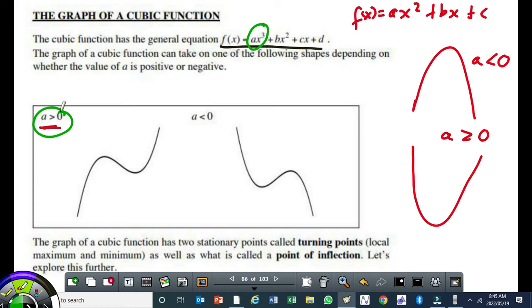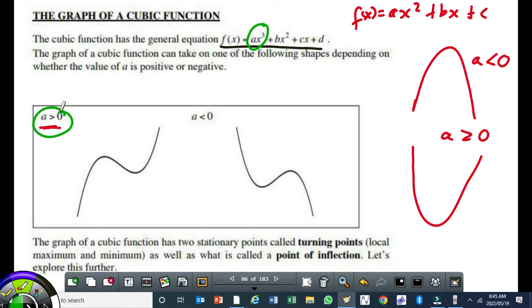For the quadratic, if a is negative, you are going to have a maximum turning point, but for the cubic, you will start with a minimum turning point. So it's the opposite of the quadratic, in terms of whether you are going to start with a minimum or a maximum turning point. Or you can figure out your own way of remembering, but that's how I do it.